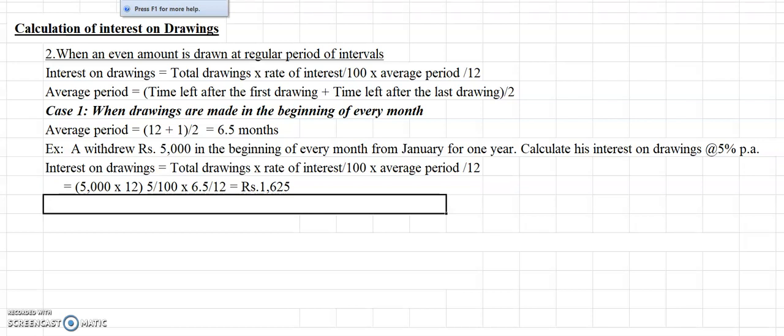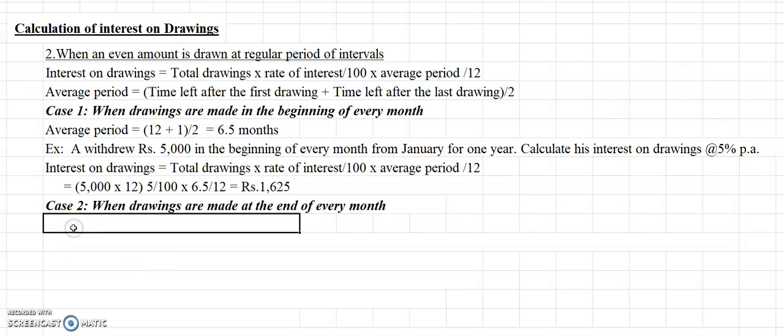In the first case we have discussed that amount is withdrawn in the beginning of every month. Next case, if the amount is withdrawn at the end of every month, then after the first drawing, how many months are left for calculating average period? That withdrawing is on 31st January.